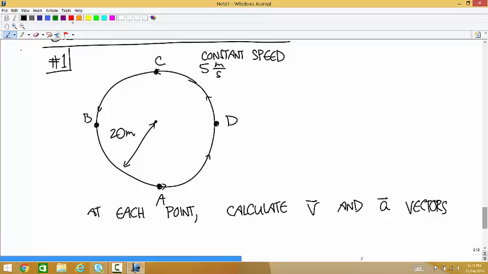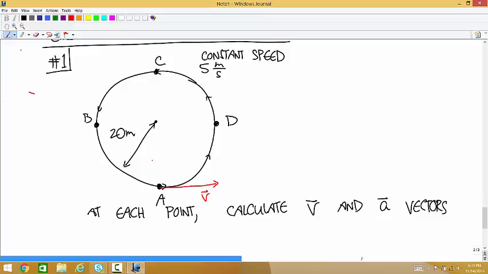Okay, so at point A, the velocity vector is going to be tangent. I'm just going to draw them first because we're going to need to know these directions. So the velocity is like that. Is there any tangential acceleration? How do we know that there's not? Because it's a constant speed.